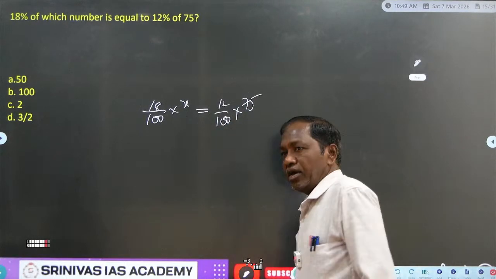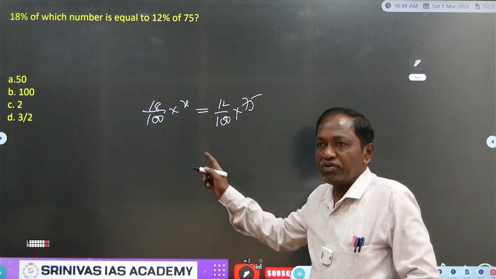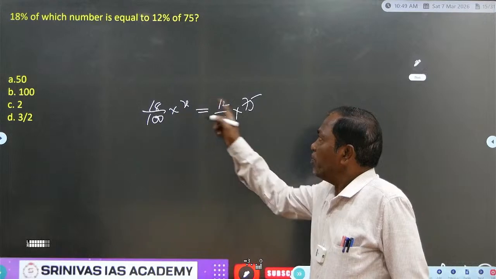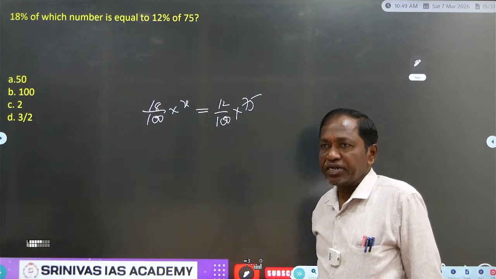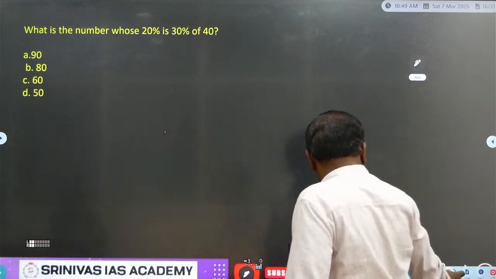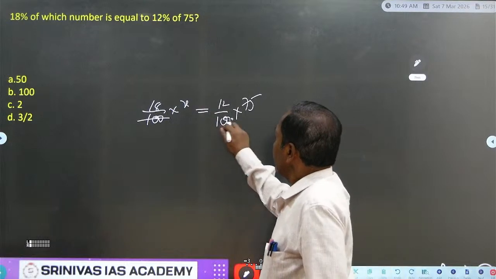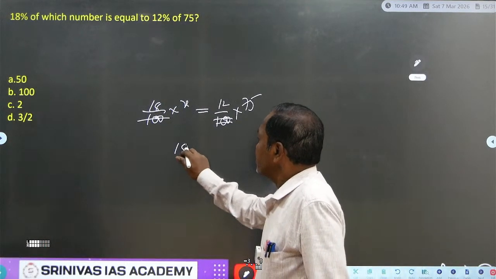Here you have to see that when there is a ratio or equals sign, numerator versus numerator can be cancelled, denominator versus denominator can be cancelled. It means you have to cut like this. Denominator versus denominator gets cancelled. Then what is next?